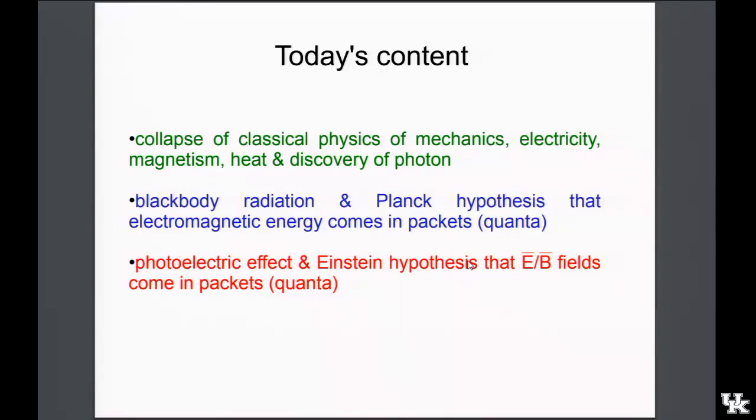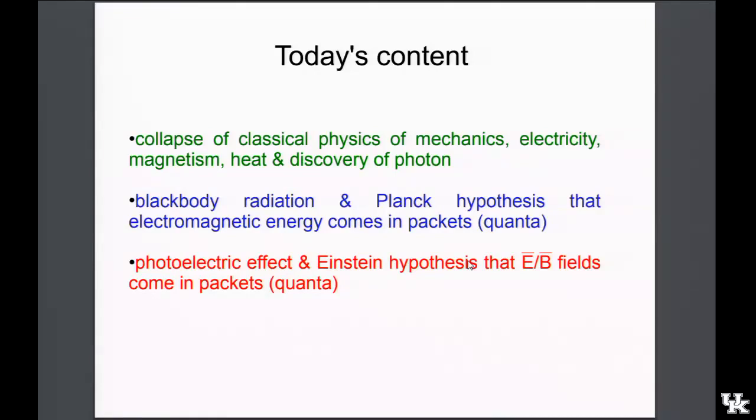So classical physics is the physics prior to the 20th century. It's the physics of classical mechanics, of electricity, of magnetism, of, I've forgotten the other thing, it's of heat. So that's classical physics. And we'll talk about how that collapsed, how that broke down.